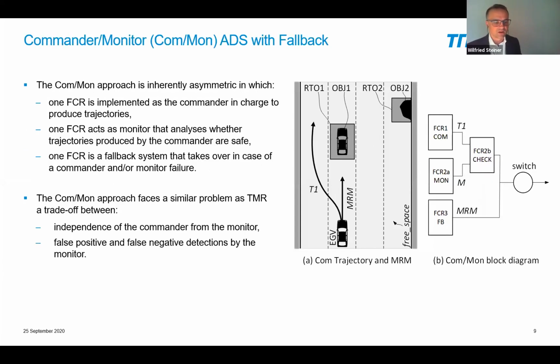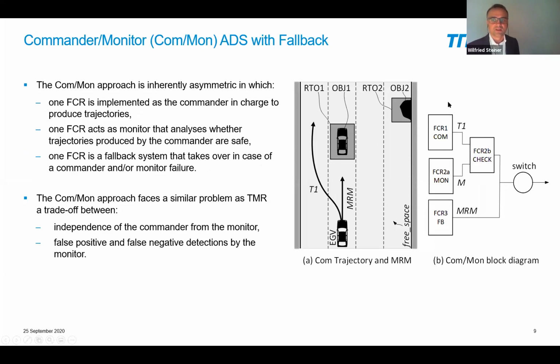The second design paradigm I'm talking about is the command and monitor approach, or as I said, that's equal to the doer-checker approach that you also find as a name for this principle. Here again, we replicate our components, but we do the replication in a different way.